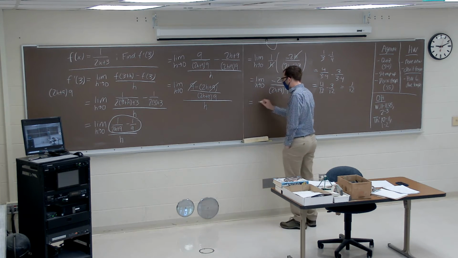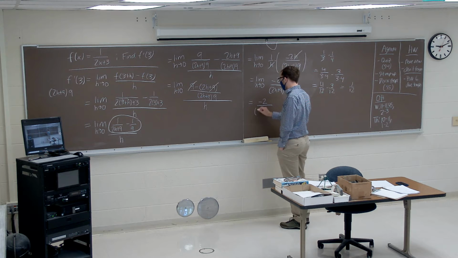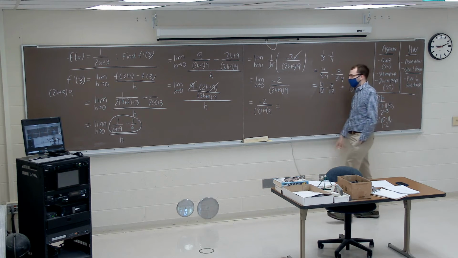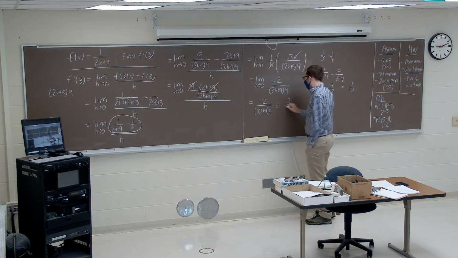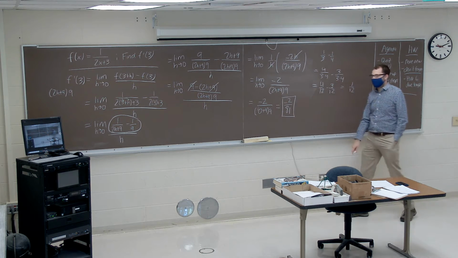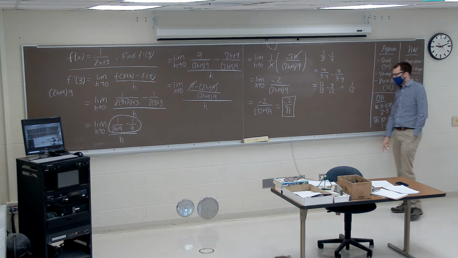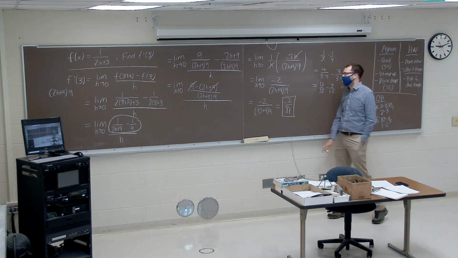So we get 0 plus 9 times 9, which is 81 in our denominator. And I think that is going to be our final answer: negative 2 over 81.